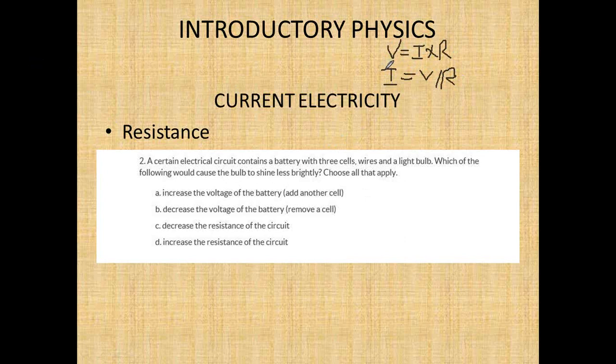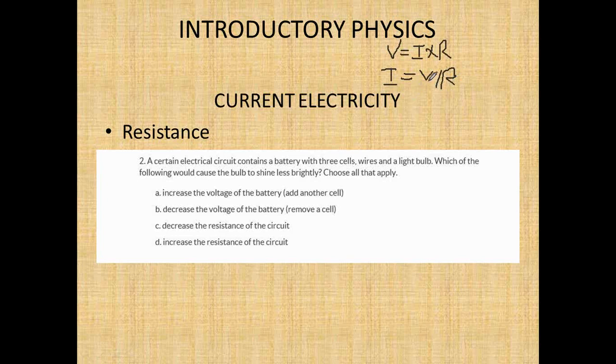If you increase the current, the bulb is going to shine brighter. Okay? So you can decrease the current by decreasing the voltage or increasing the resistance.